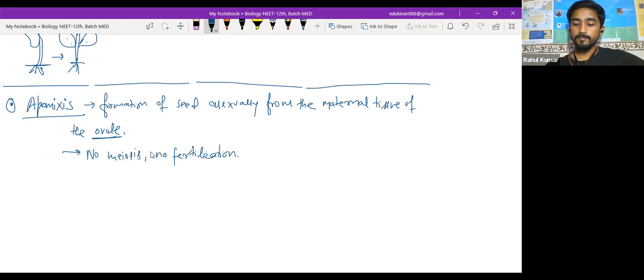But still there is seed formation. And the apomictic seed, or the seed developed through apomixis, the interesting part is, this seed also develops into an embryo.